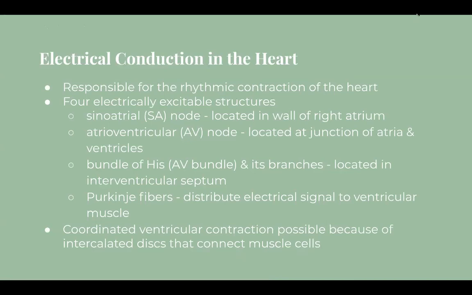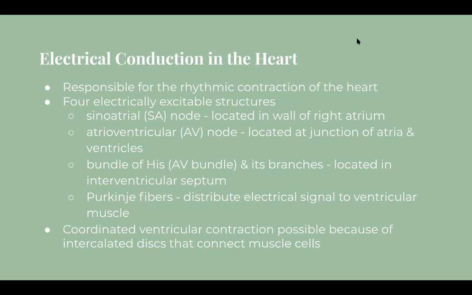Okay, so the next thing to discuss in the circulatory system is electric conduction in the heart. The heart is notable for its rhythmic contraction that keeps it functioning. This regular contraction of the heart is maintained by electrically excitable structures in the heart.